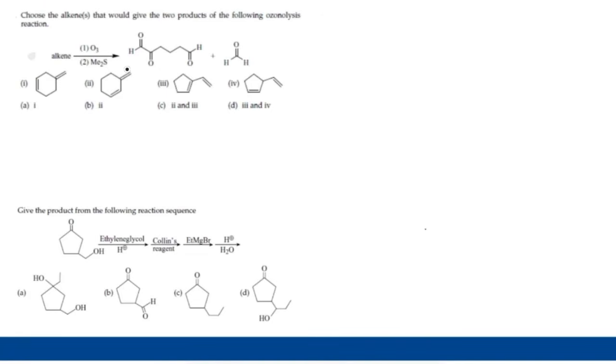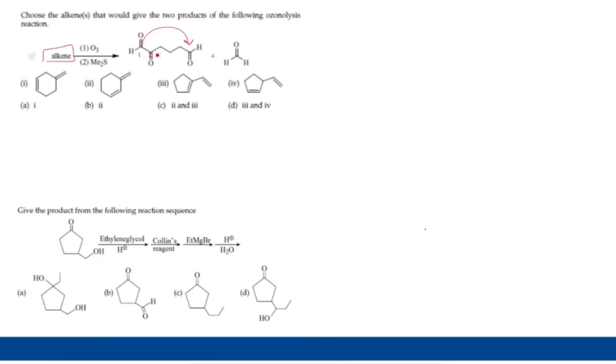For the next question, we need to identify the correct structure of the alkene or alkenes for the products formed upon ozonolysis. Whenever we get such questions, what we generally do is a retro method. That means with the help of the structure of the product, we try to find out the structure of the alkene. So how do we do that? Between the carbonyl carbons, we try to form the carbon-carbon double bond.